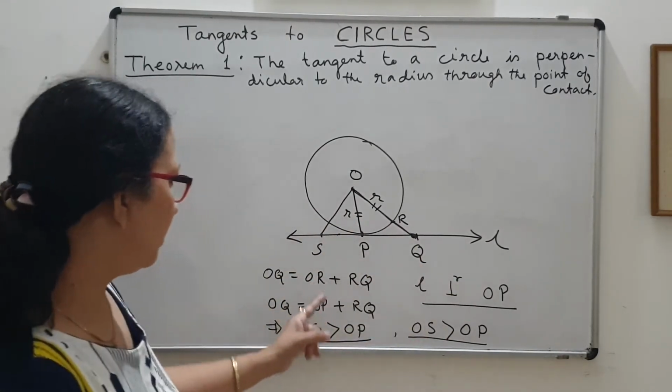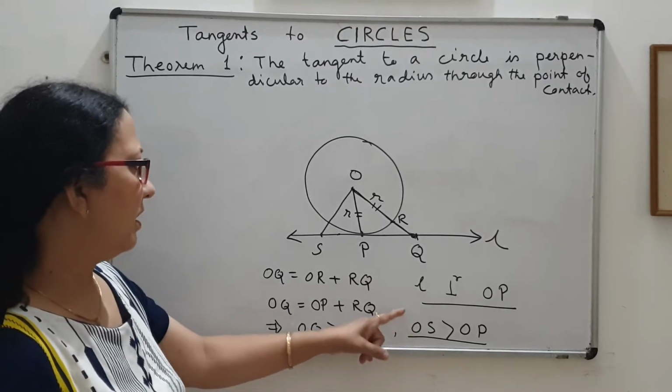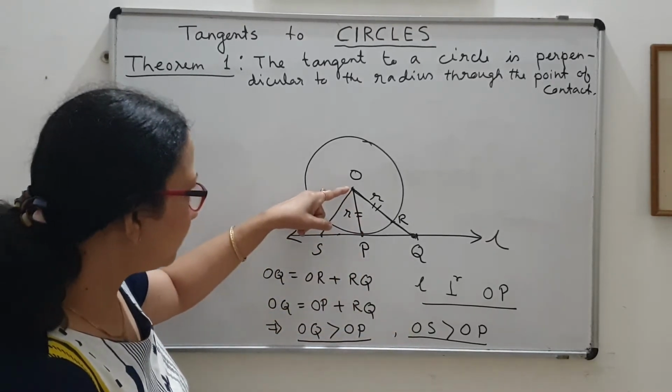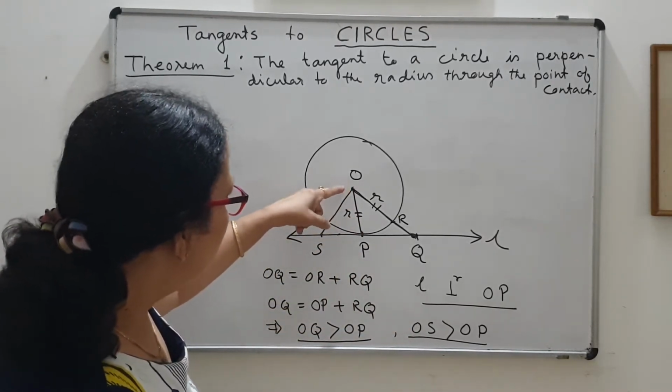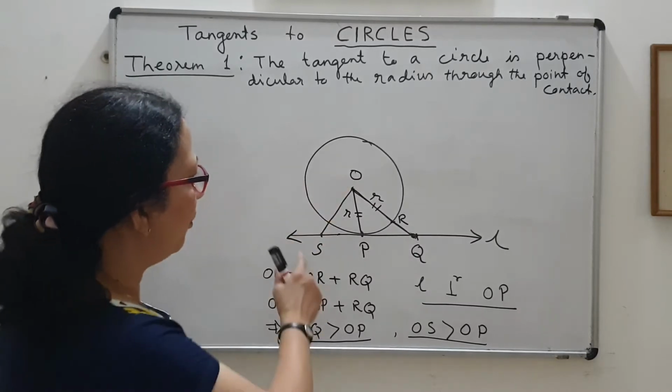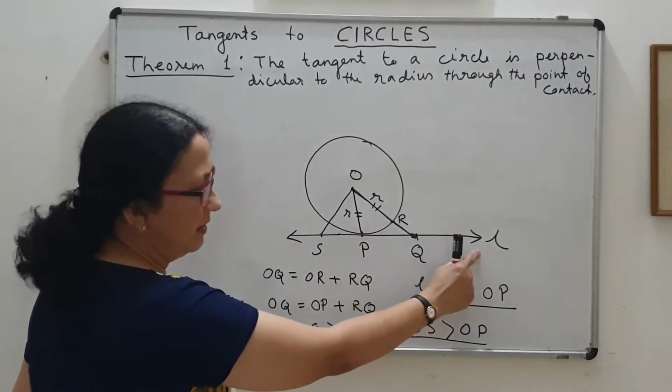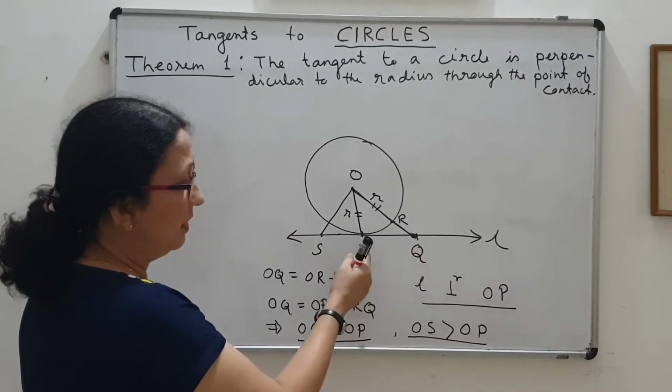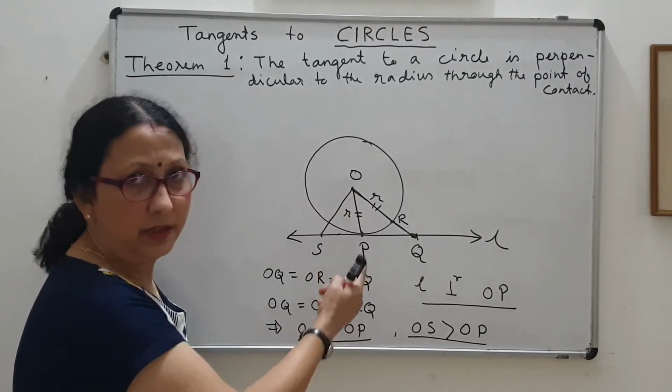That's why by this logic we say that the distance between the center of the circle and any point on the line, that is tangent, other than P, is more than OP. That means what?